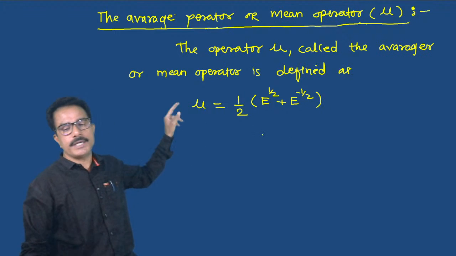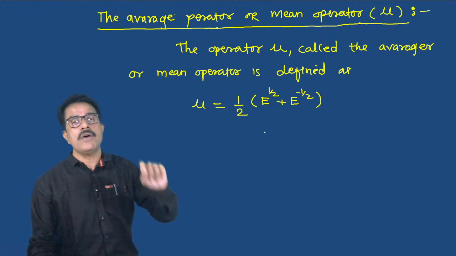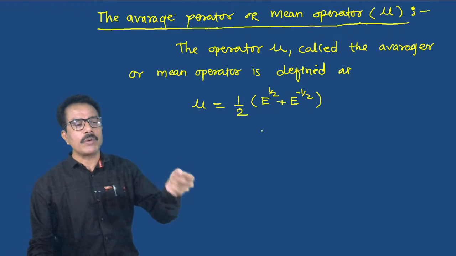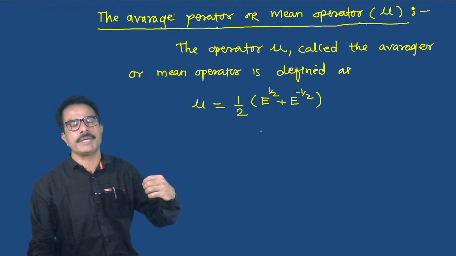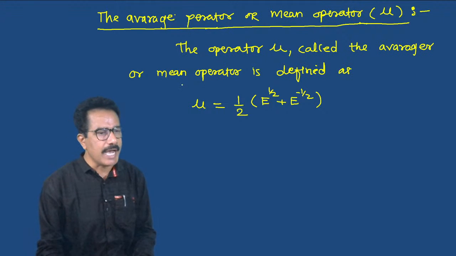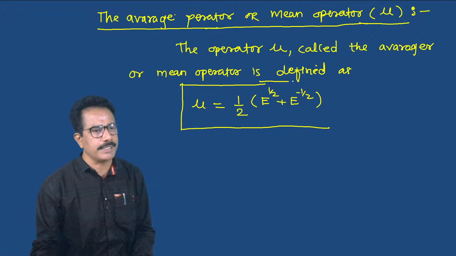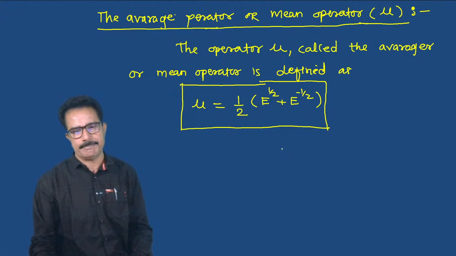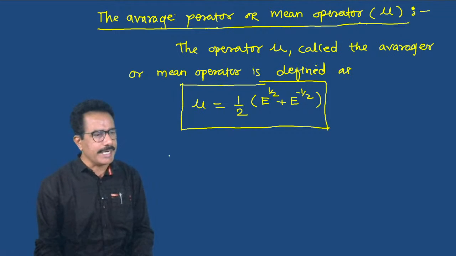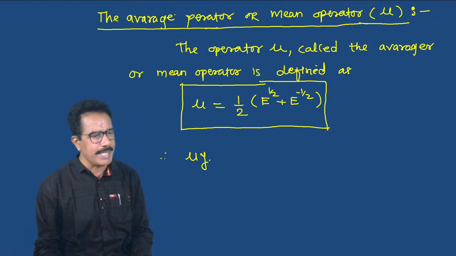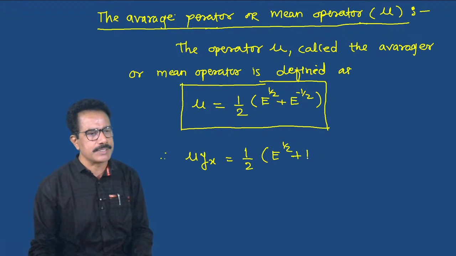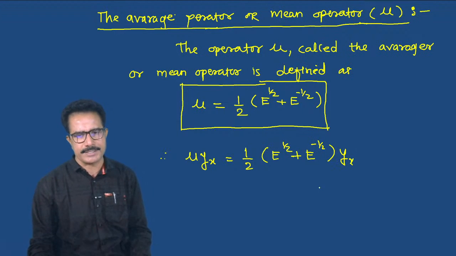Actually, the average operator, mean operator, is the average of the forward shift operator and backward shift operator. That is half shift operator. So we can write, therefore, mu of yx equals 1 by 2 (e raised to 1 by 2 plus e raised to minus 1 by 2) y suffix x.